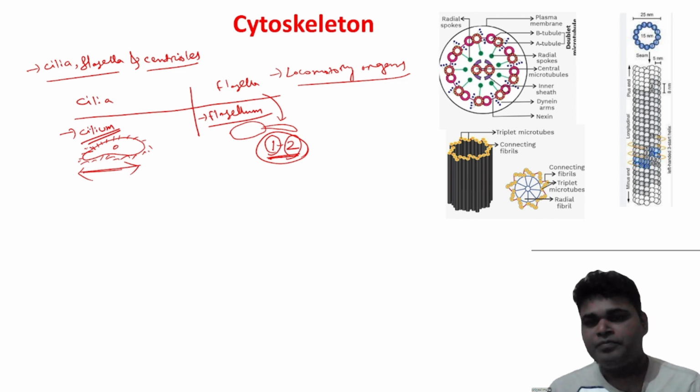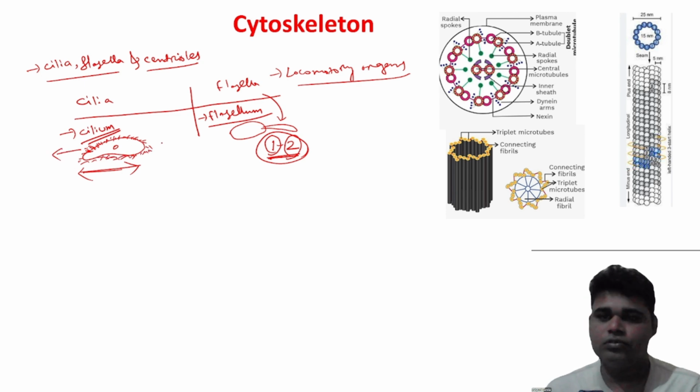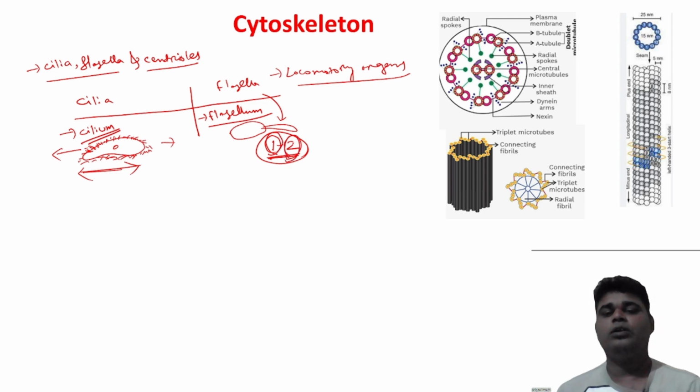So now, in the animals which have cilia, all the cilia must move at a time so that the organism can move forward or backward. But in the flagella, because of the presence of a single one or maximum two, it is not in a coordinated manner.